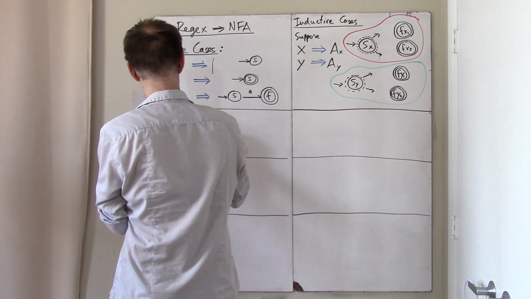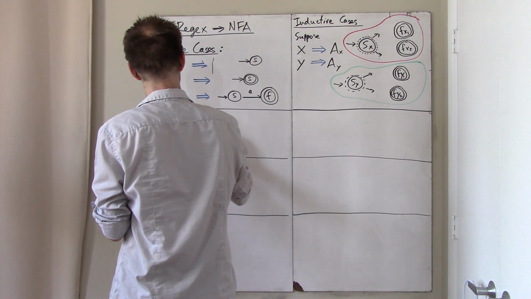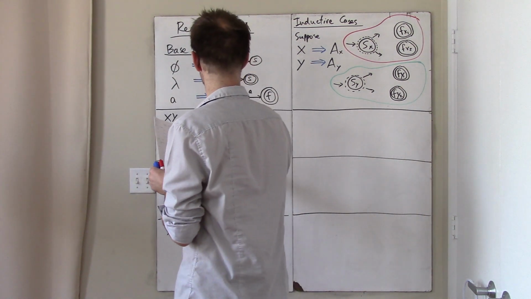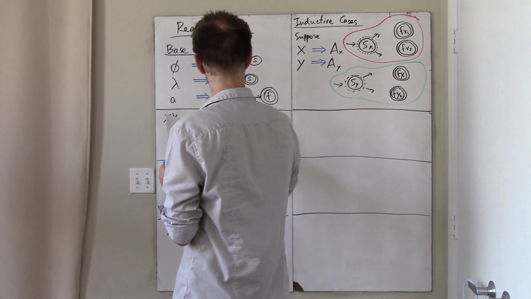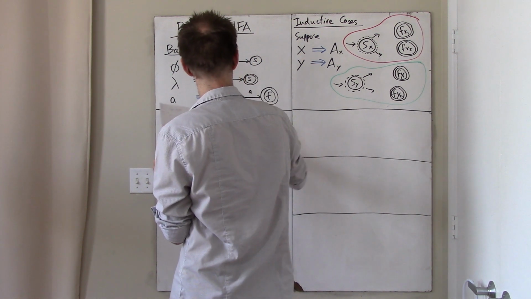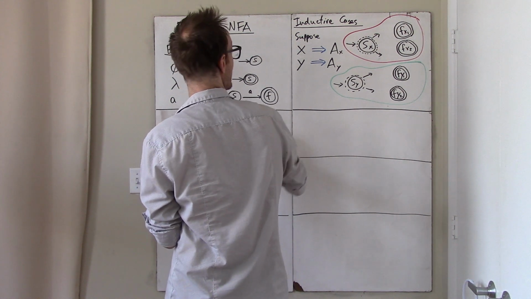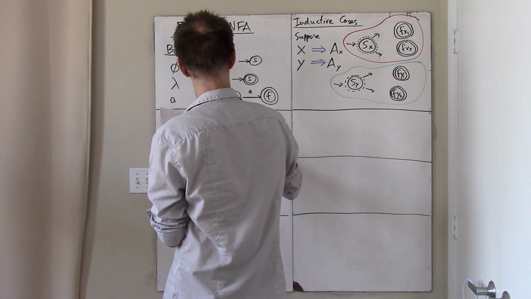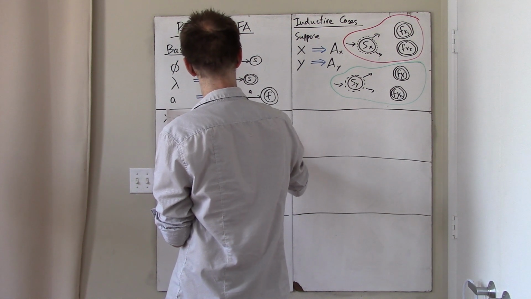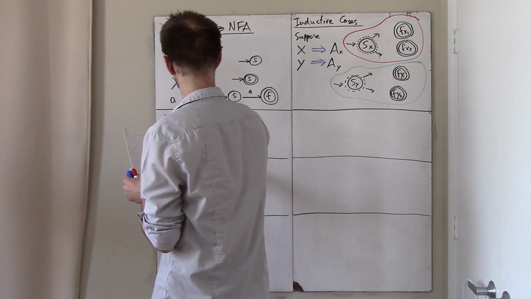So that's x, and then we have its various transitions, and then we have these various Fx1 and Fx2, and those are accept states, and so on. Okay, so that's my machine x.